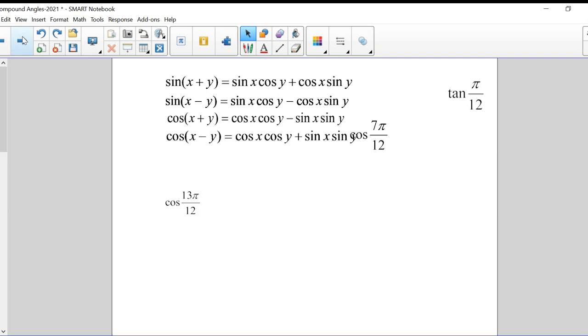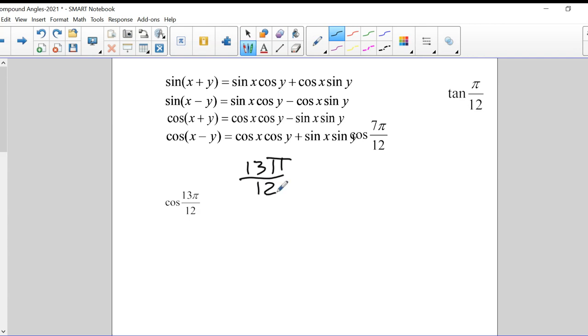All right, so let me just think for a second now. 13 pi over 12. Well, there are a couple of ways I could split that up. I could write it as maybe 1 plus 12, but that doesn't help me because 1 over 12 is not a special angle. 12 over 12 is not a special angle. So I'm going to say, nah, that doesn't help me very much.